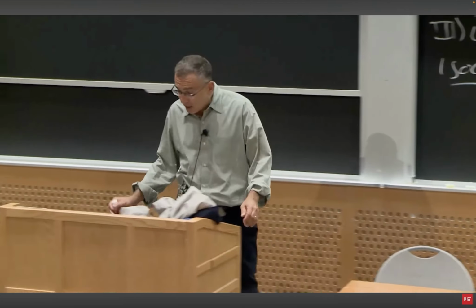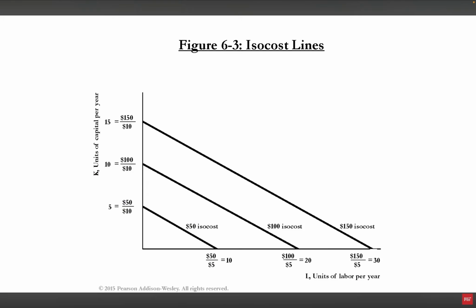But if you want to spend $150, you could then have 30 units of labor and no capital, or 15 units of capital and no labor, or some combination in between.